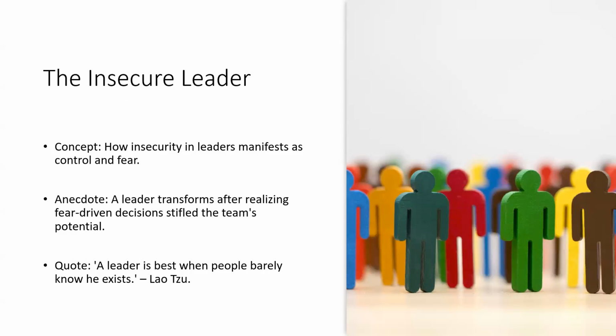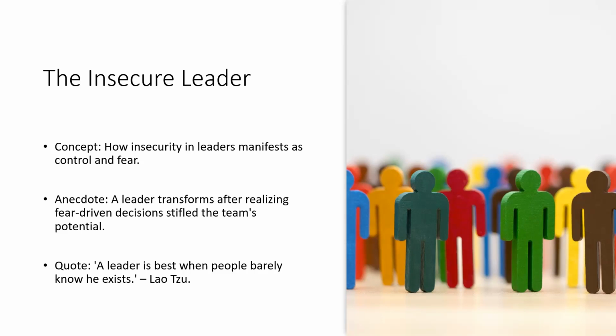And it's true. Think about how a leader transforms after realizing fear-driven decisions stifle the team. That's good. What is bad is when a leader does not develop. Insecurity in leaders usually manifests as control and fear, but it doesn't have to be.